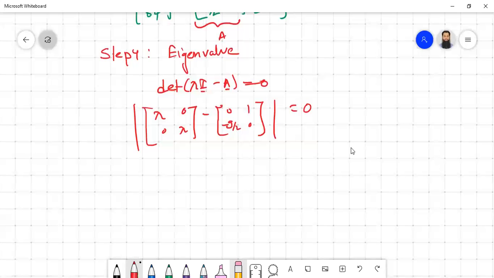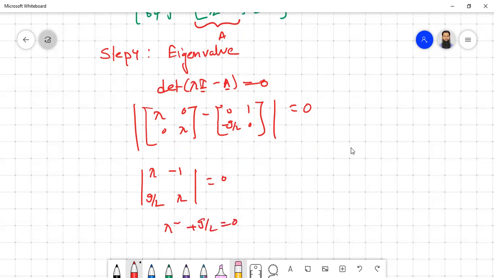So what you are going to get is lambda, then you have g by L, then we have lambda. So basically lambda square plus g by L equal to 0.